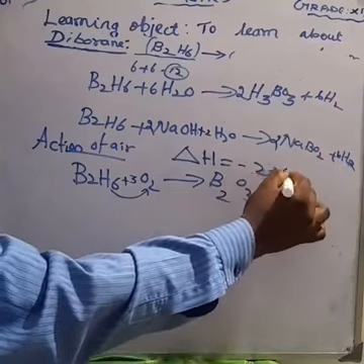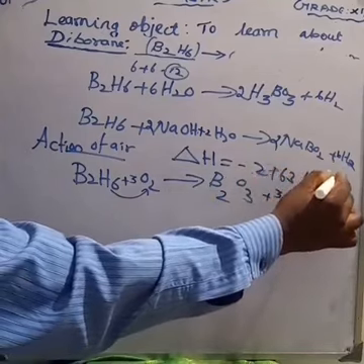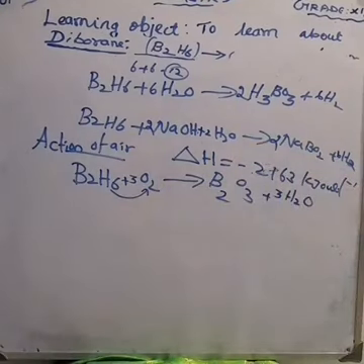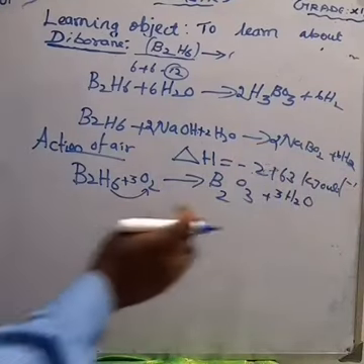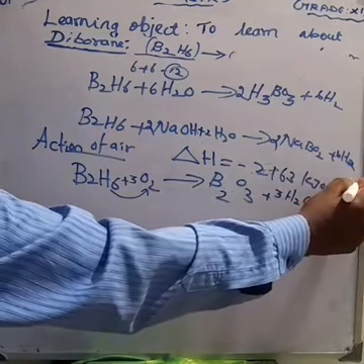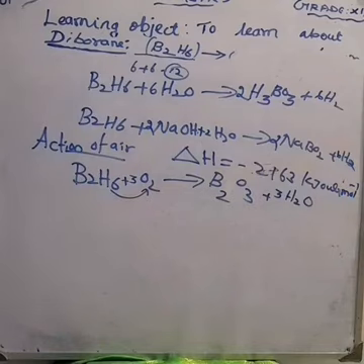During this reaction, this amount of heat is liberated. What is the value here? Delta H value, heat enthalpy value, that is minus 2165 kilojoules per mole.